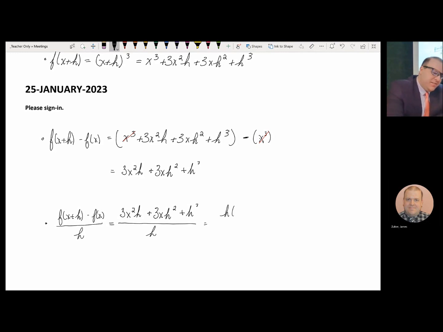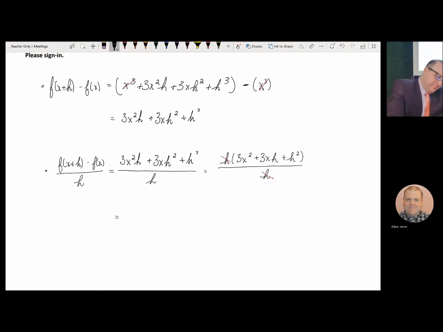Numerator can factor out an h, right? H over h is 1. Then there's your difference quotient. Again, it's implied that h cannot be 0.